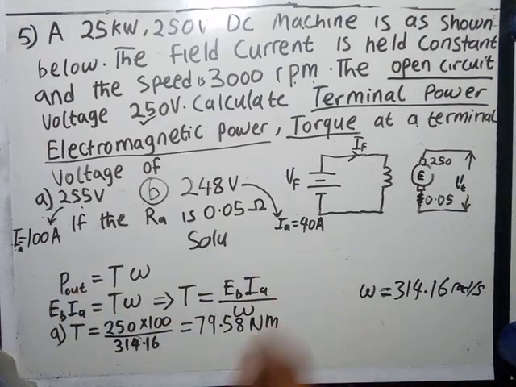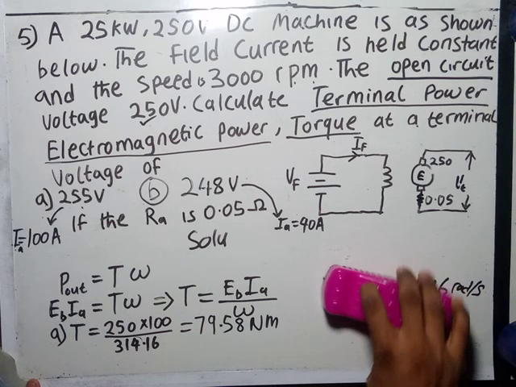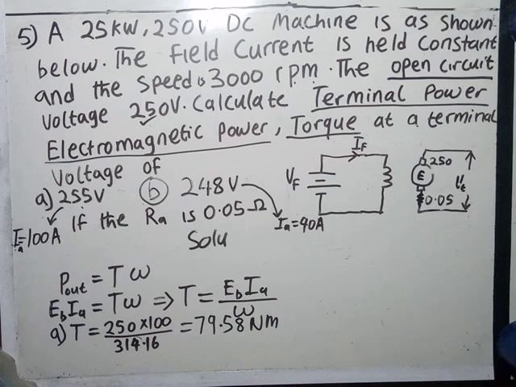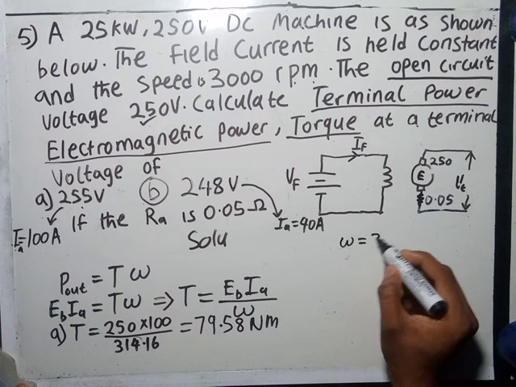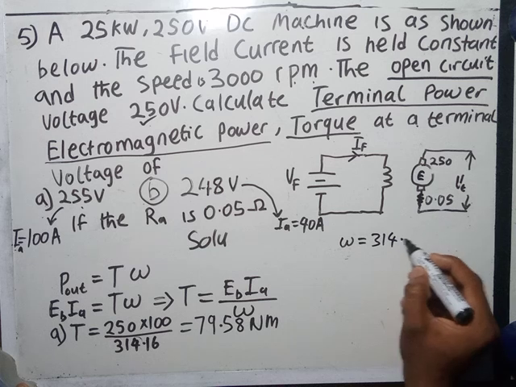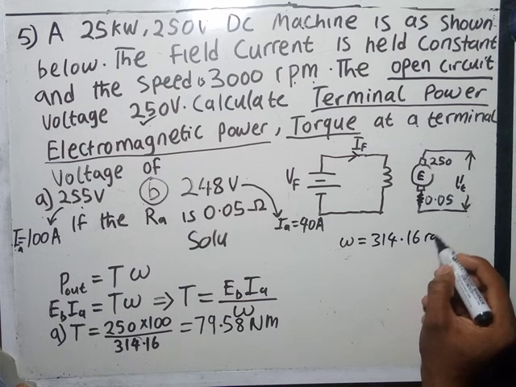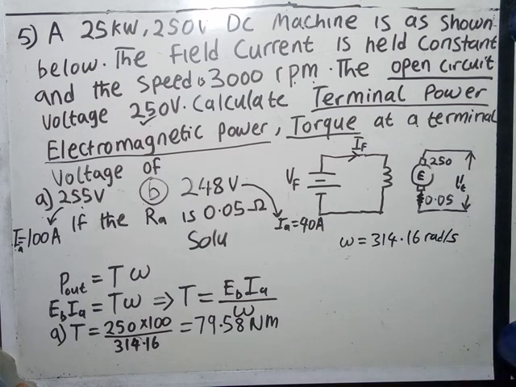Now for the second case, let's write this over here. We have that our W is 314.16 rad per second.